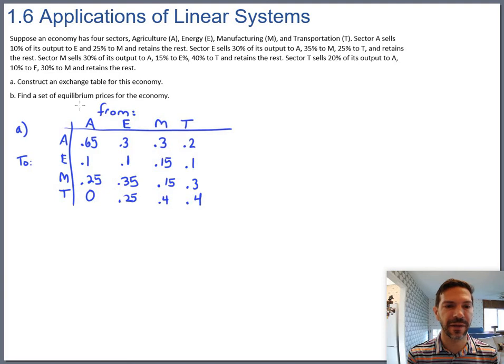Now we'd like to actually find that set of equilibrium prices where the value of the outputs from each economy matches the value of the inputs. And to do that, we want to start by making this assumption that the value that agriculture produces, so A, is equal to the costs that they have to produce that.